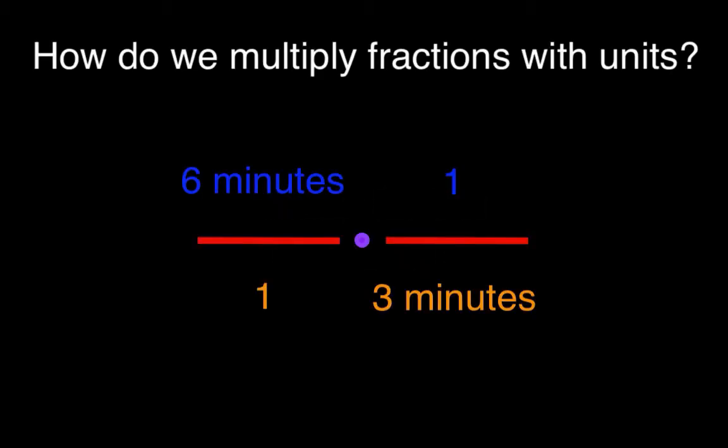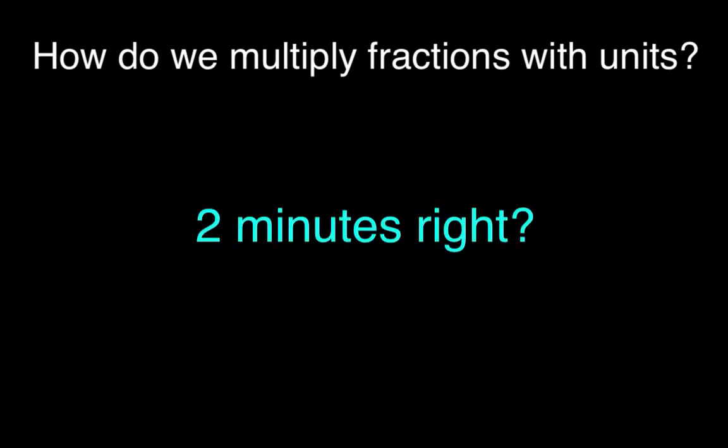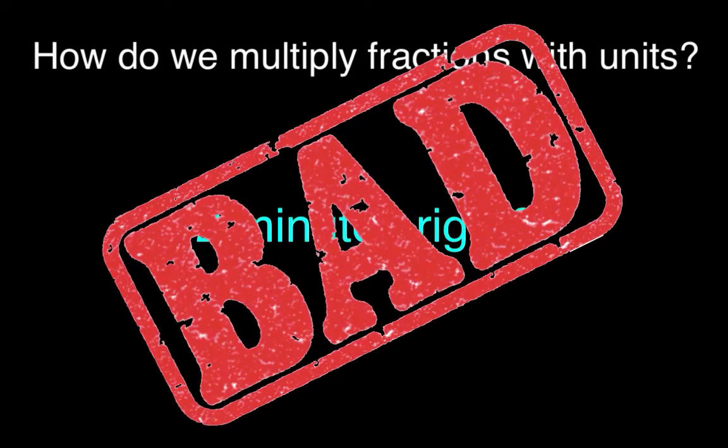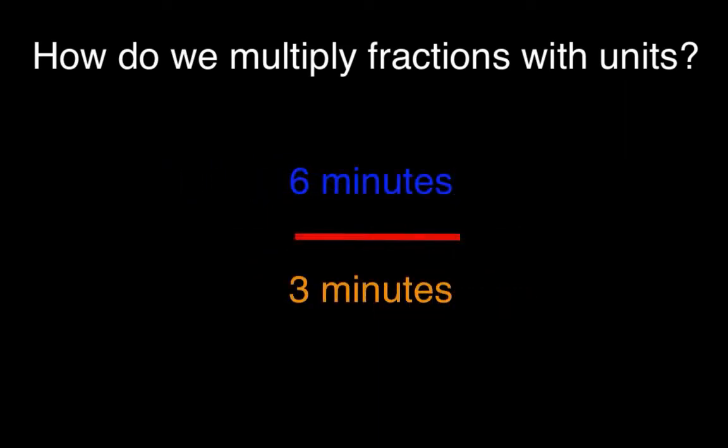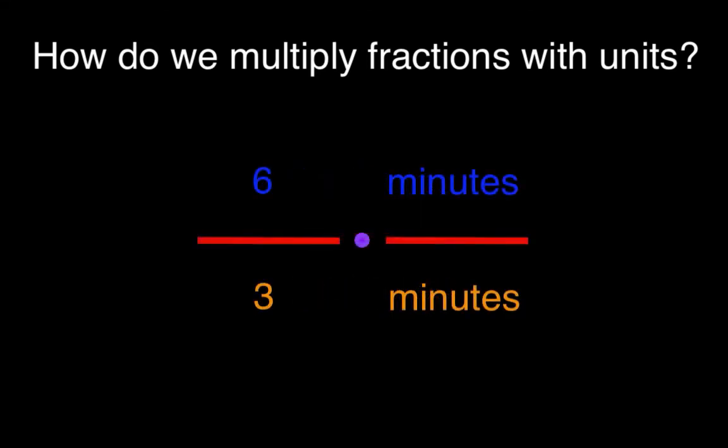Let's see what happens if we add units. What if instead of multiplying 6 and 1 over 3, we multiply 6 minutes and 1 over 3 minutes? 2 minutes, right? No. Remember, we multiply fractions straight across. So this would be 6 minutes over 3 minutes, which can be rewritten as 6 over 3 times minutes over minutes.